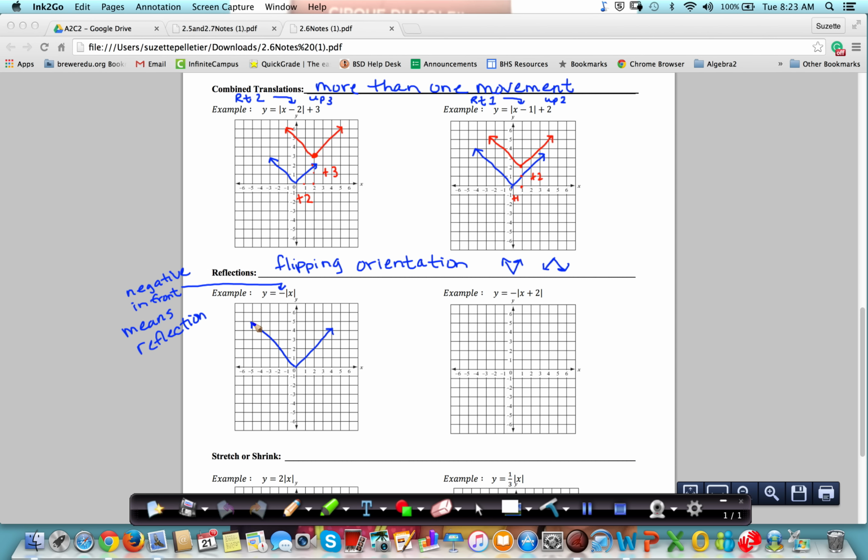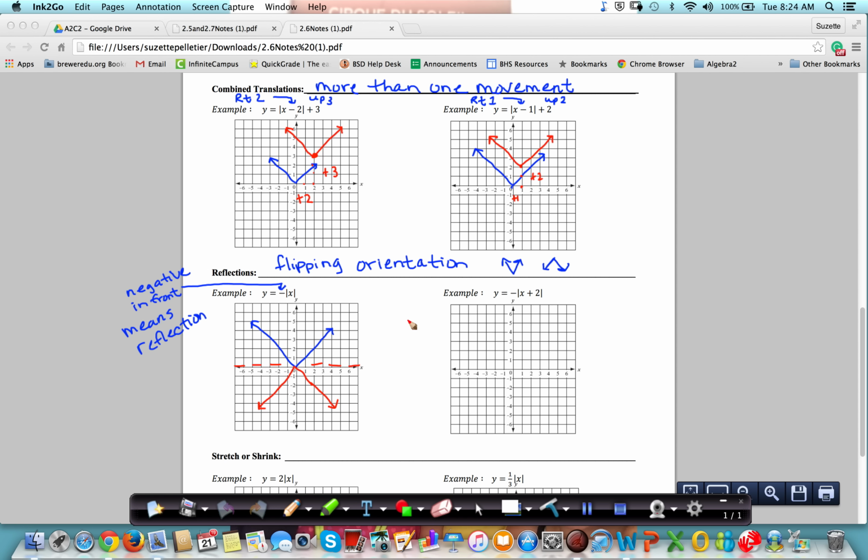So instead of it opening upward, it is actually this time going to be opening downward. Still has the same slope, if I can try to draw it correctly, 1/1. Okay, and so we've flipped it or reflected it over the line of symmetry.